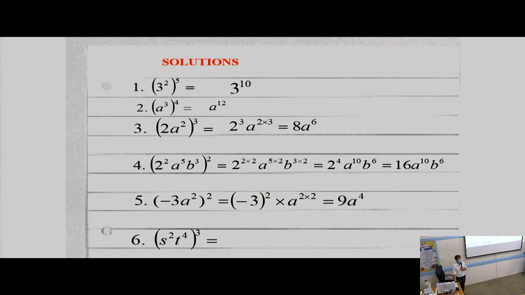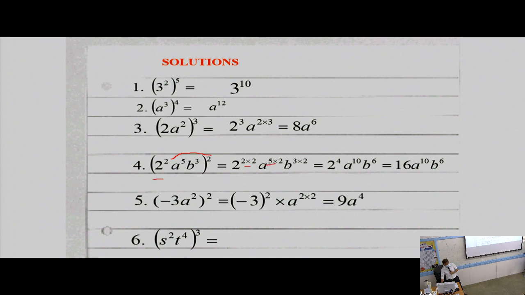Last example and then we're done. What's the answer? The quantity of s to the power of 2, t to the power of 4, to the power of 3. Tell me that you don't know. We've been doing this. Look at the examples that we have. We are just multiplying the exponent.